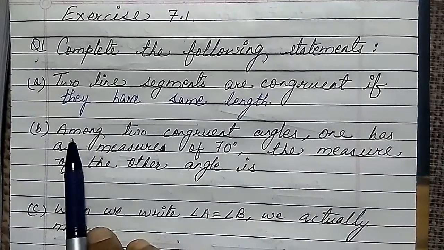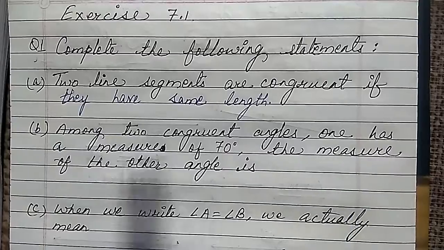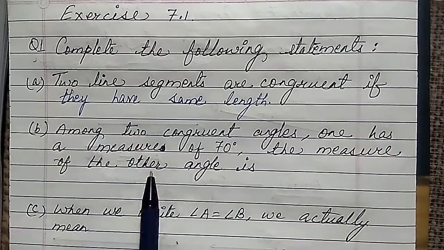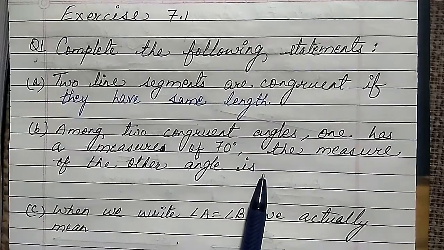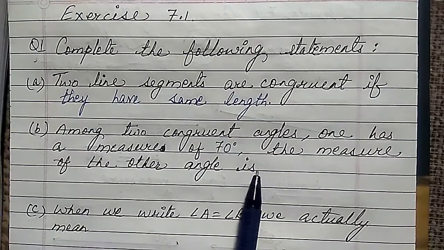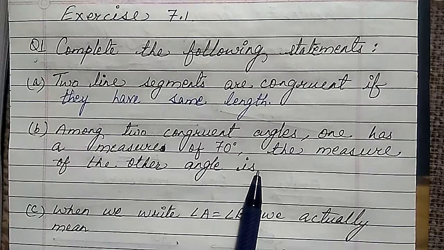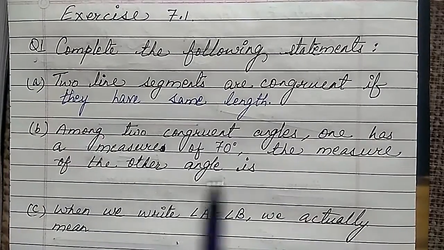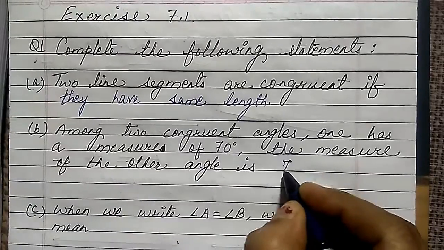Second question. Among two congruent angles, one has a measure of 70 degree. The measure of the other angle is. If you remember, two angles are congruent when they measure equal. So one has measurement 70 degree, so the measure of the other angle is also 70 degree.